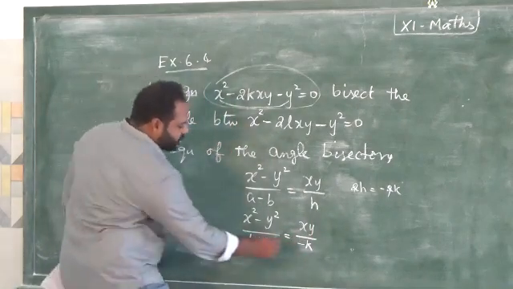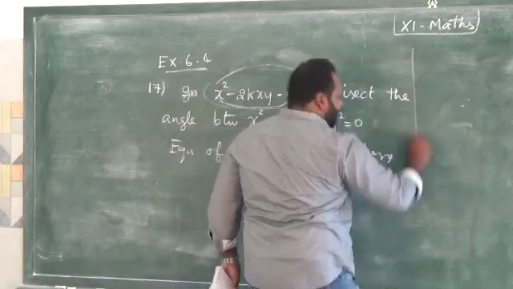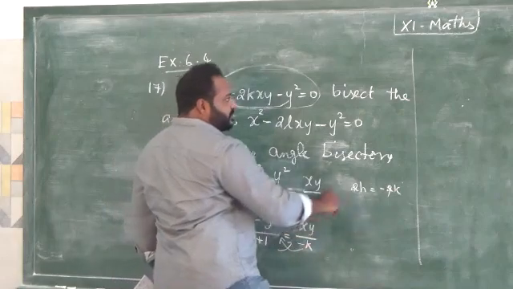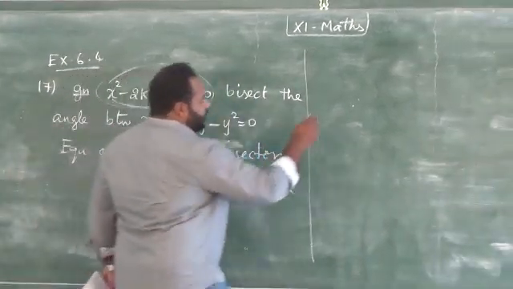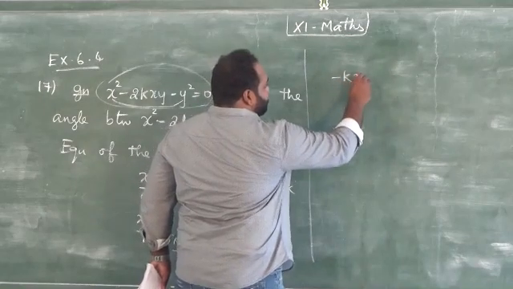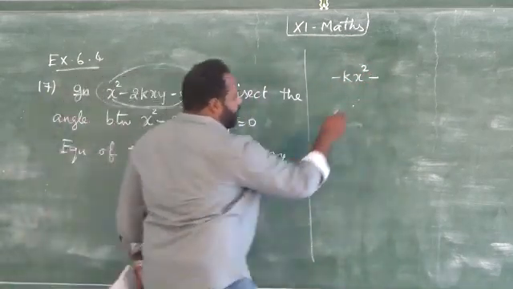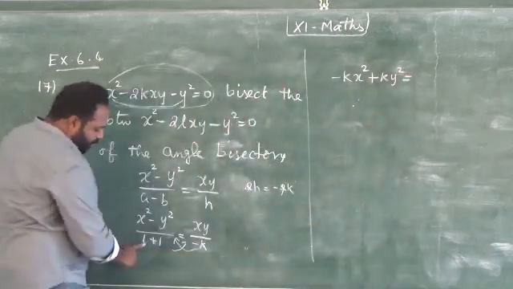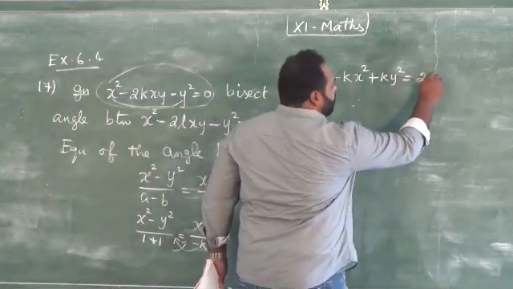Now just cross multiply the denominators. We get 2 here, so I am going to take this 2 to this side. It is multiplied with minus k: (x square minus y square) into minus k, plus k y square equal to 2xy.